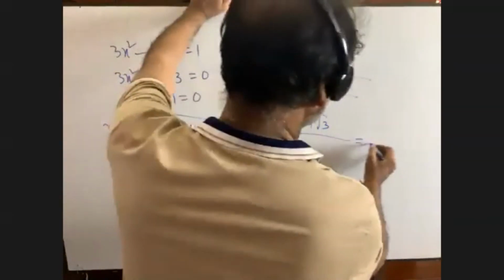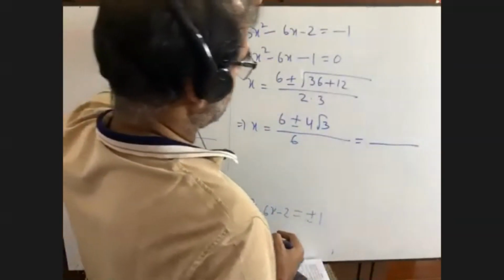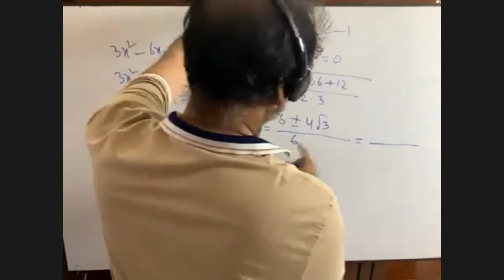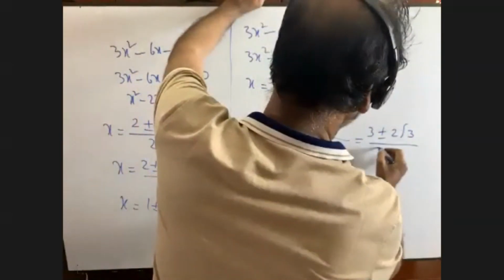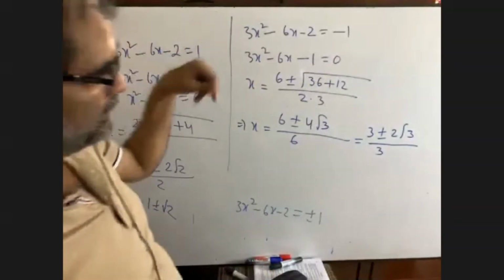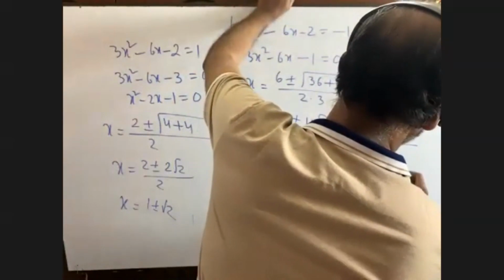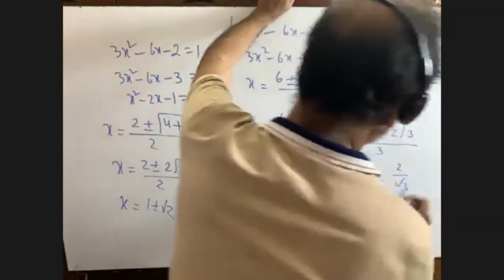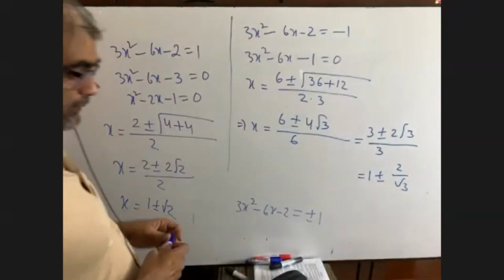That means if we calculate by 2, then it is 3 plus minus 2 root 3 by 3. Right? From here, we can also write 1 plus minus 2 by root 3. So we have got the value of x.